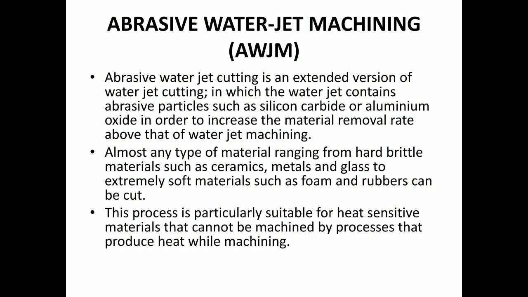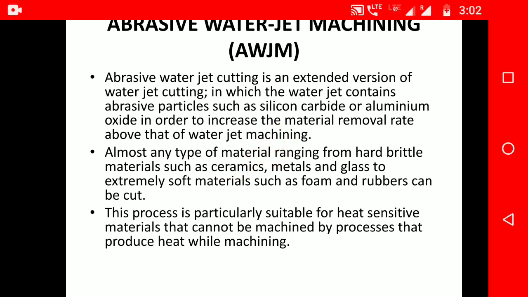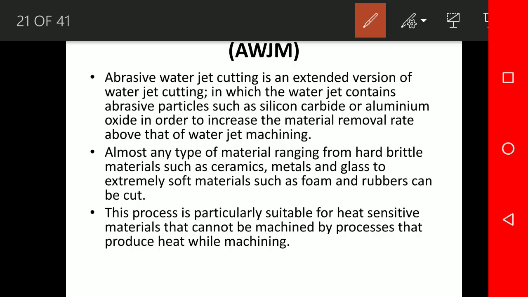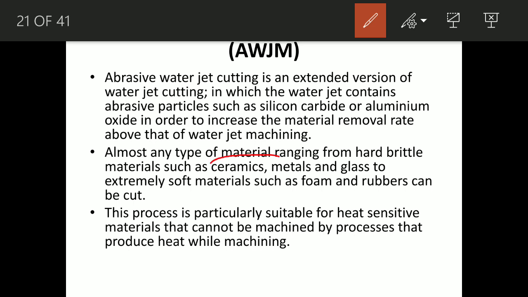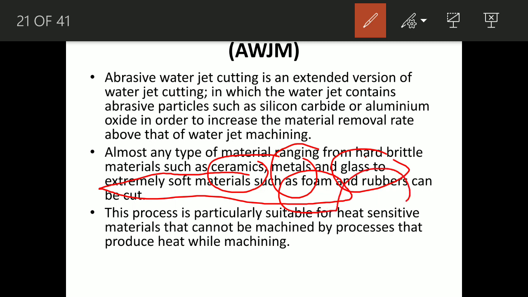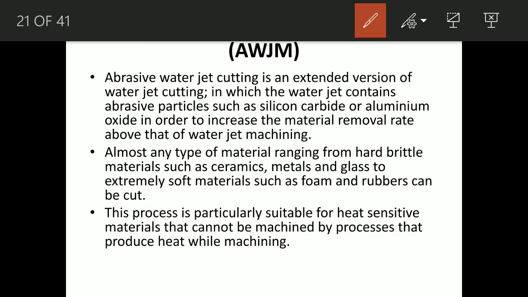Almost any type of material, ranging from hard brittle materials such as ceramics, metals and glass, to extremely soft materials such as foam and rubber, can be cut. Means hard materials can also be cut and soft material can also be cut.